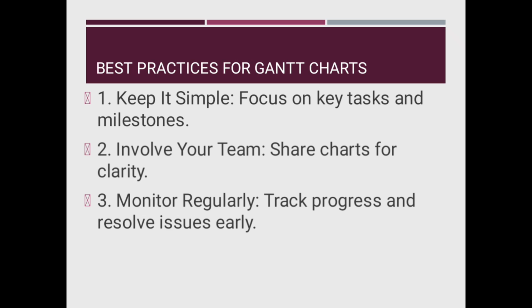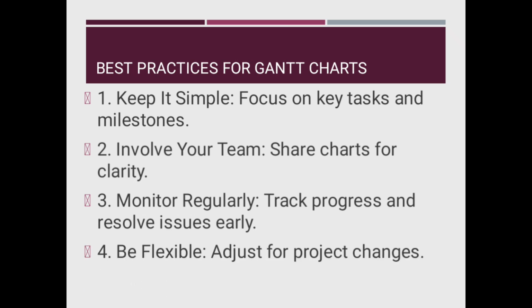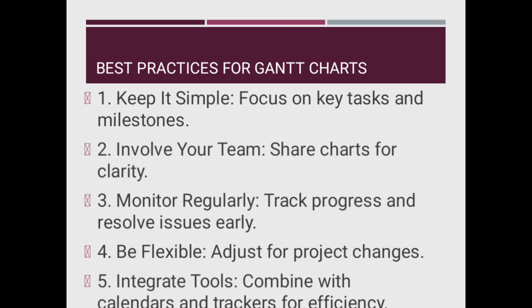You need to track the progress as days go by. You need to be flexible to adjust whenever changes are needed, right? Another one, you need to be able to integrate tools. You should be able to combine it with calendars and trackers for efficiency. So you should be able to use different tools to come up with a very good Gantt chart, right?